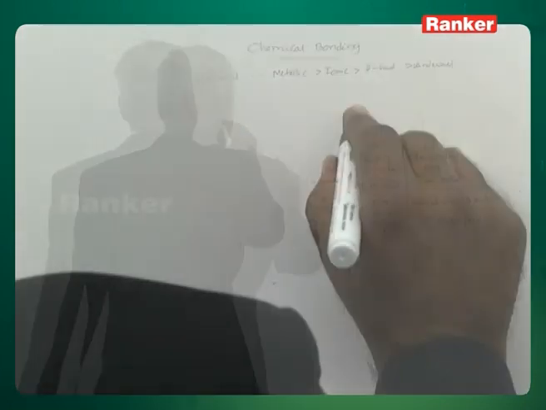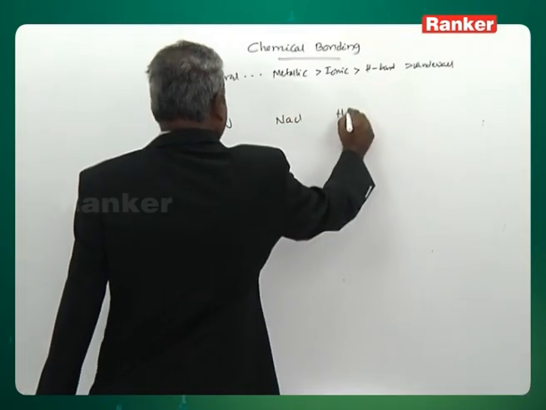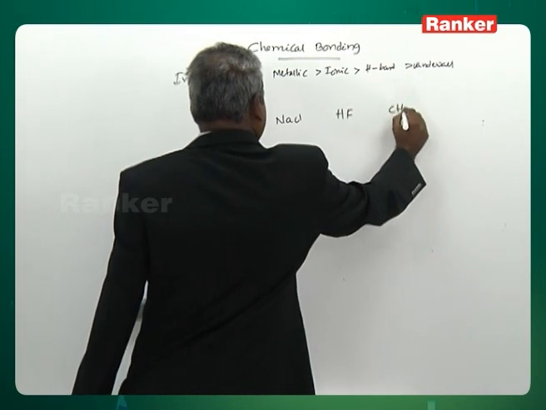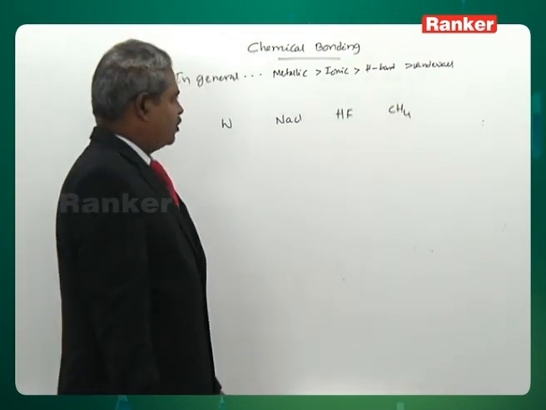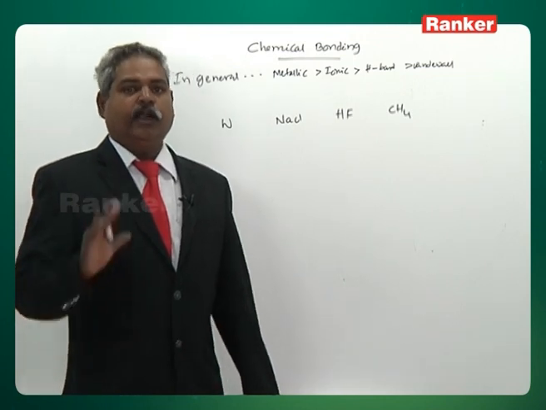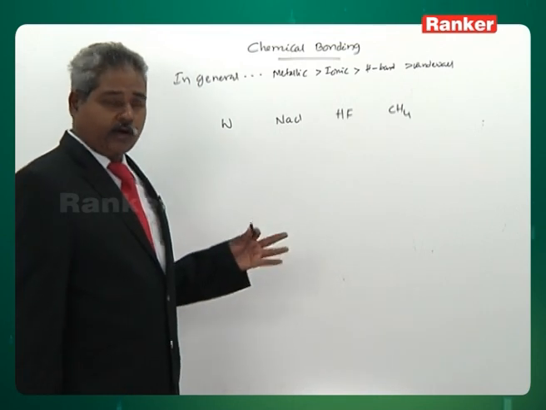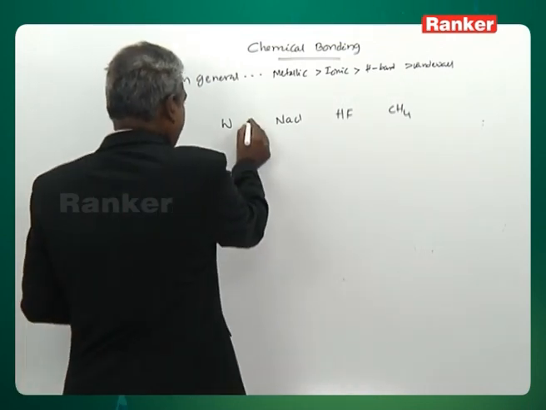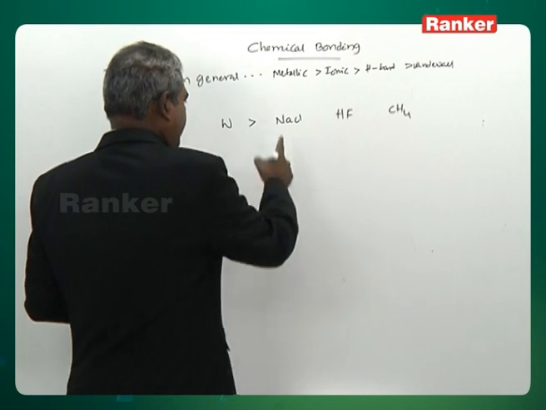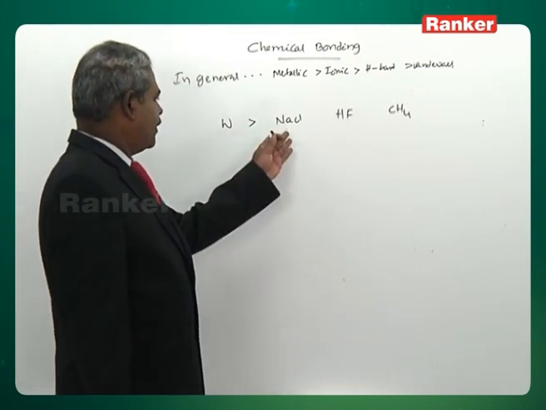Now, tungsten, NaCl, HF, methane. Which among the following is likely to have the highest boiling point? Tungsten is a metal. Therefore, in general, metals have high boiling points. NaCl is an ionic compound. Ionic compounds have high boiling points and melting points.